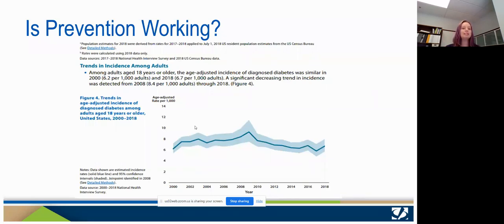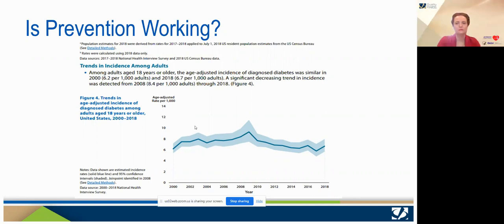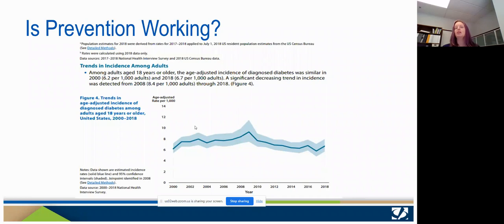It's no coincidence that 2010 is when the National Diabetes Prevention Program was launched nationally. Across the United States, the Ys were a big part of that because we are a great community resource to deliver community health programs like the Diabetes Prevention Program. So we start to see that nice downward slope. So prevention is working.